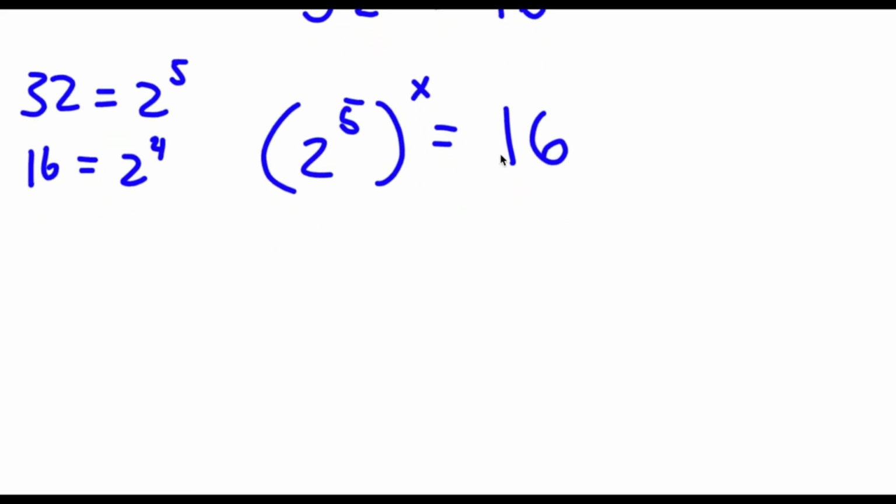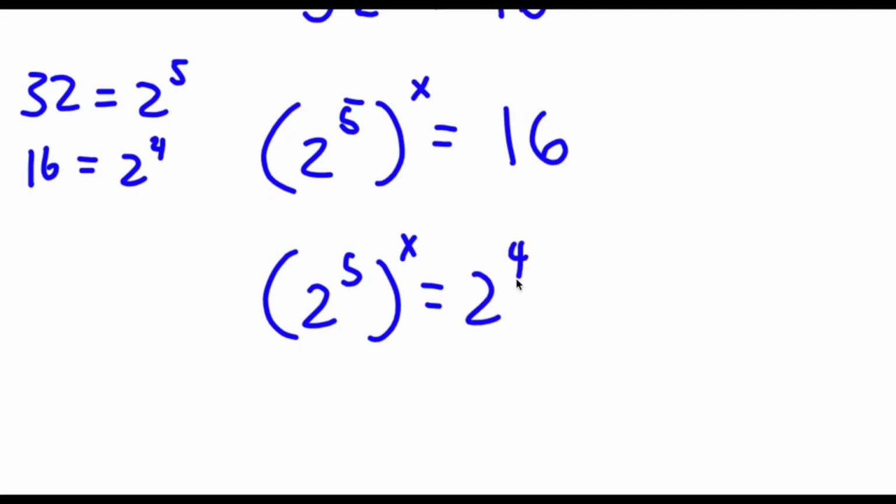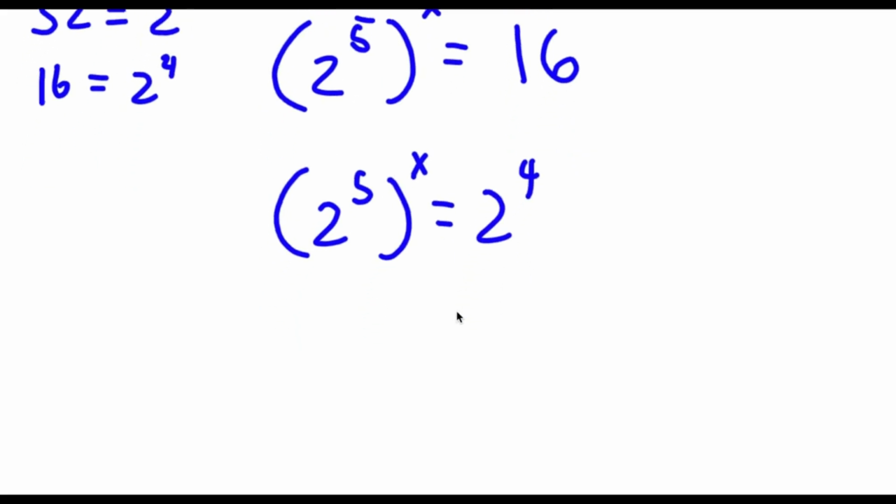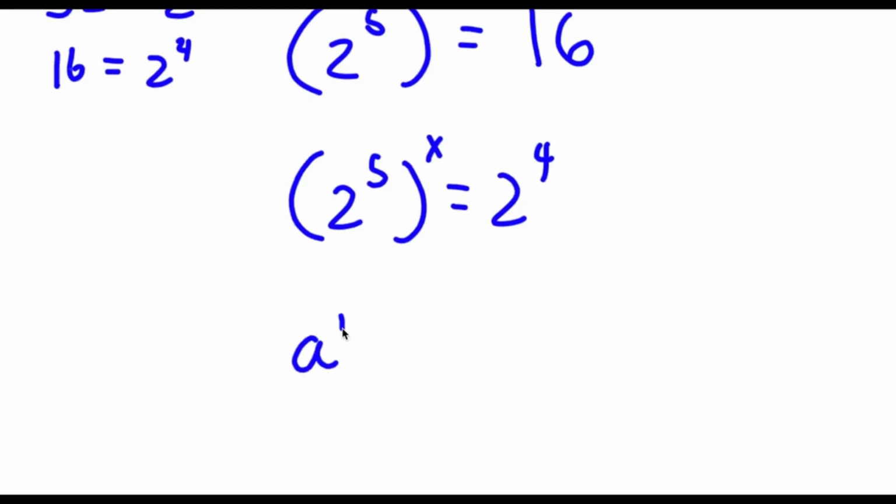So now, I'm going to rewrite this as 2 to the 5 to the power of x is equal to 2 to the power of 4. Now, if I have something in the form a to the power of m to the power of n, this is equal to a to the power of m times n.